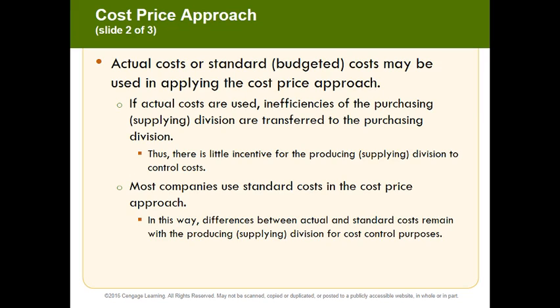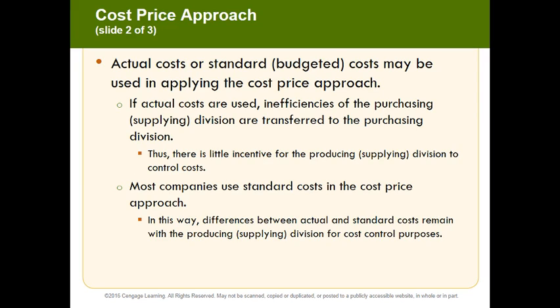If actual costs are used, the inefficiencies of the supplying division are then transferred to the purchasing division. So there's not a whole lot of incentive for the producing division to control costs. Most companies really will use those standard costs that we actually talked about a couple of weeks ago in the cost price approach.